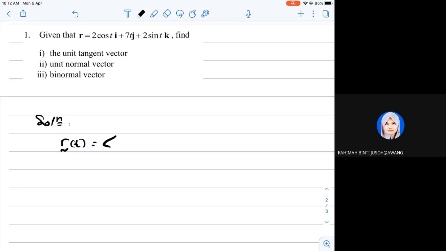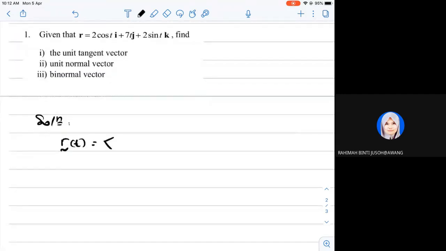As I mentioned last week, it's up to you whether you want to use i, j, k to represent your vector or you use sharp brackets. Both are fine. So let's say I use sharp brackets, we have 2 cos T, 7T, and 2 sin T. So number 1, unit tangent vector.